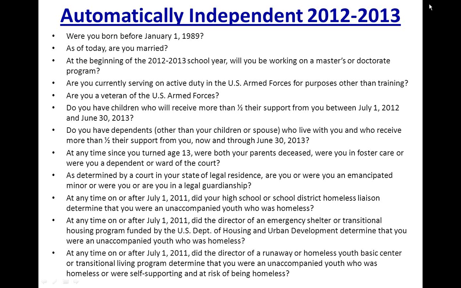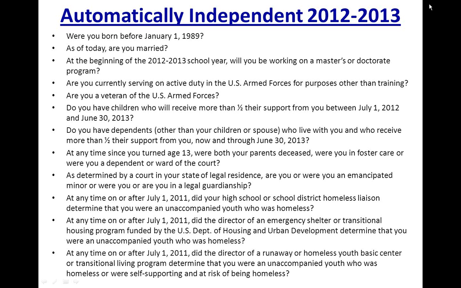At any time on or after July 1st, 2011, did your high school or school district homeless liaison determine that you were an unaccompanied youth who was homeless? At any time on or after July 1st, 2011, did the director of an emergency shelter or transitional housing program funded by the U.S. Department of Housing and Urban Development determine that you were an unaccompanied youth who was homeless?